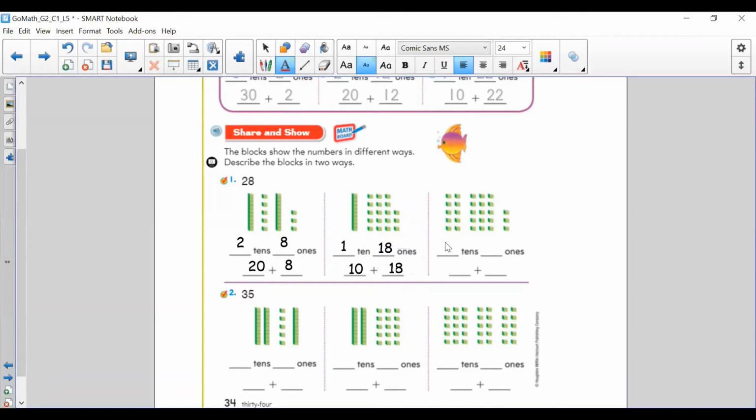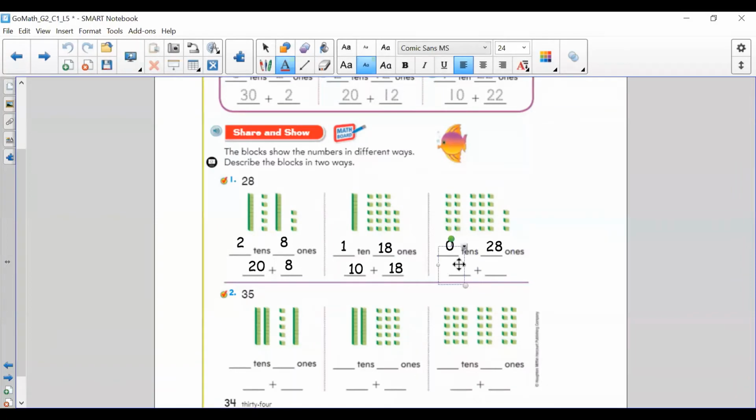And in our last example of 28, do you see any tens? No, so it's 0. And so how many ones are there in 28 with no tens? There are 28.